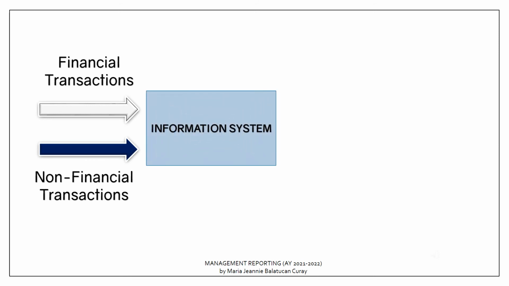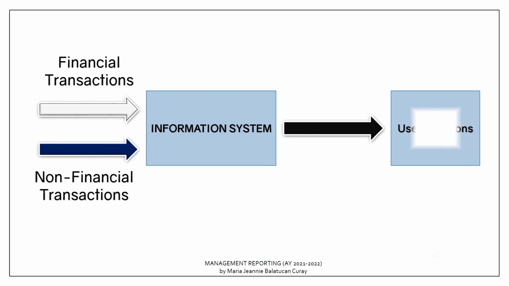Then these are converted through various processes into output information that goes to the users, and this is used for decision making. So this is just a simple flow of how transactions work in an information system and made available to the users.